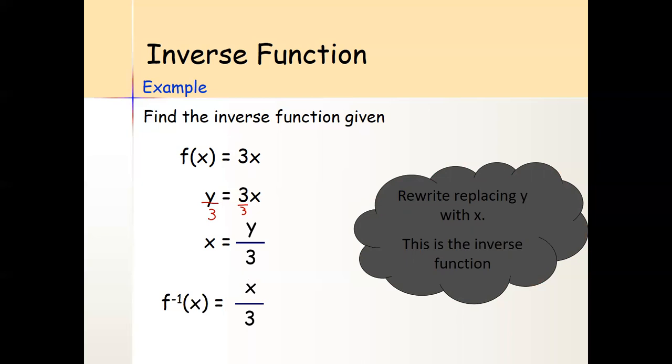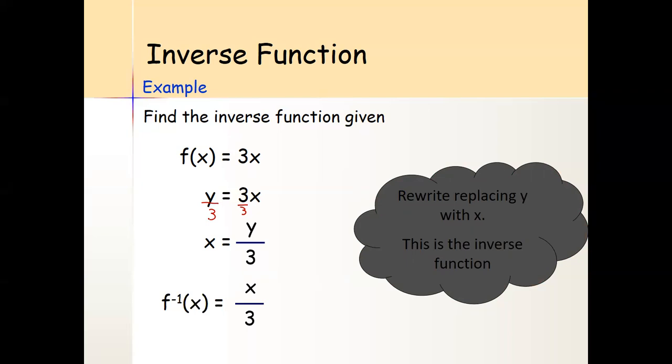You just change the y and make it x. And you've got your inverse function. It was very trivial that we knew the inverse of 3 times x is just x over 3, but that's the way to do it. On a simple example, I've managed to show you how to do it.